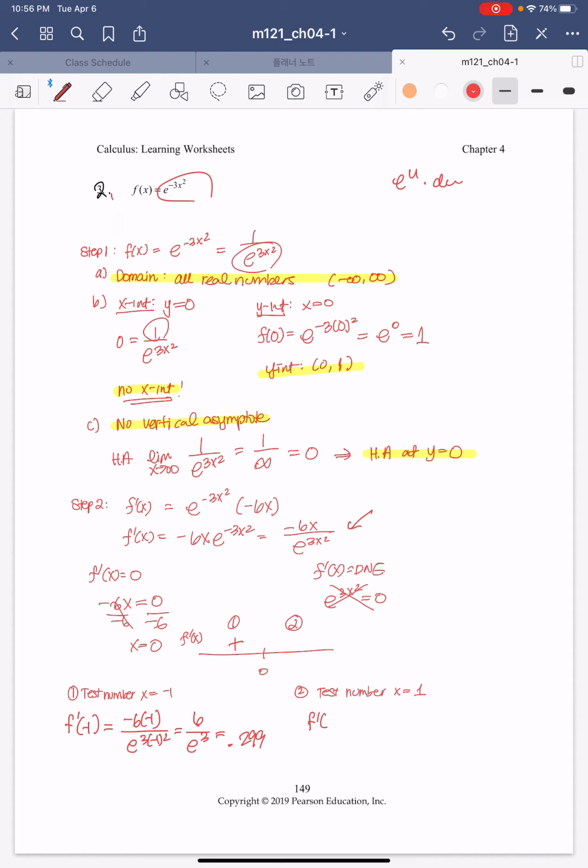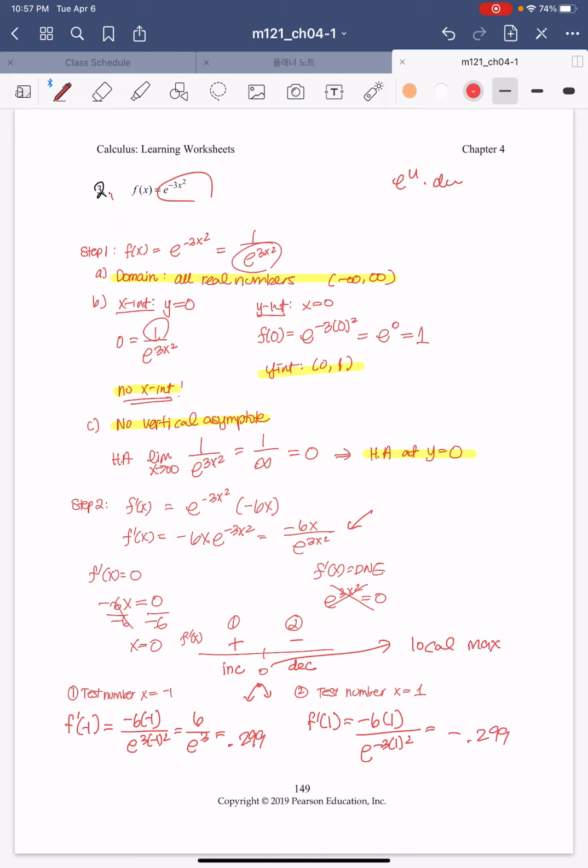If I plug in positive 1, I have negative 6 times 1 all over e to the negative 3 times 1 squared, so I have negative 0.299 using a calculator, a negative value. So that means I have an increasing function and then decreasing. Because we have a sign change from increasing to decreasing, this critical value will be a local max.